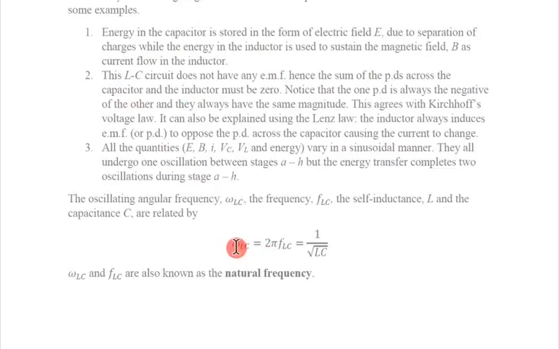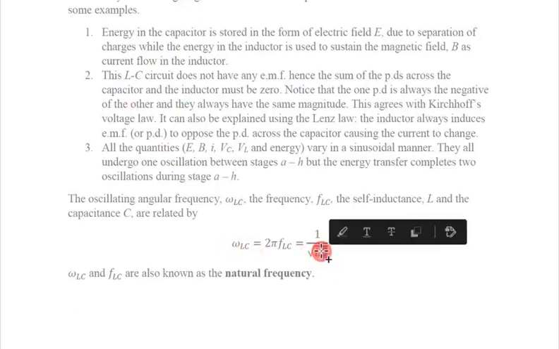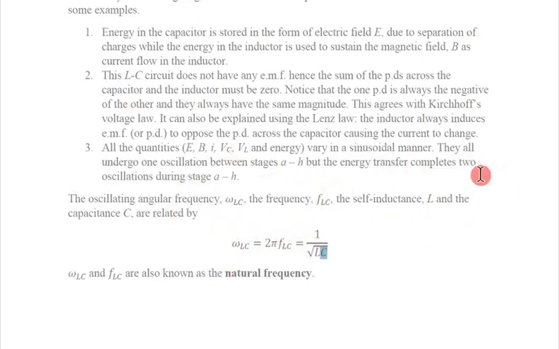So if you have a very high inductance and a high capacitance, then the angular frequency will be lower. It will not be oscillating so fast. The transfer of energy will not be so fast.